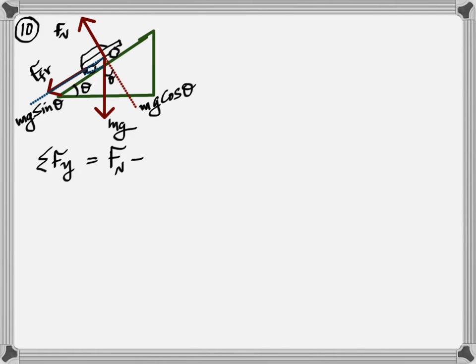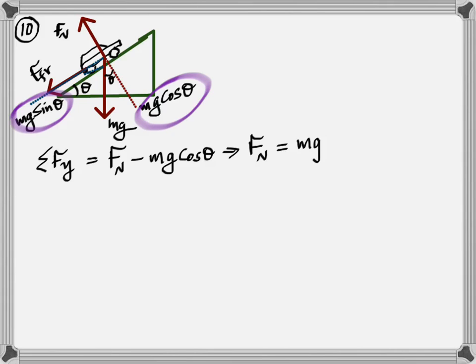You can see mg sin theta and mg cos theta are the components. And so taking the forces along the y-axis, you have Fn minus mg cos theta equal to 0. So Fn is mg cos theta.